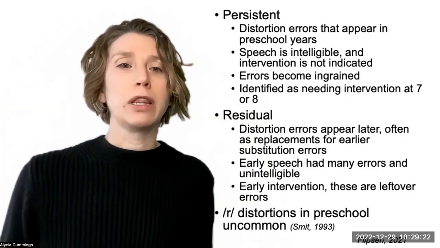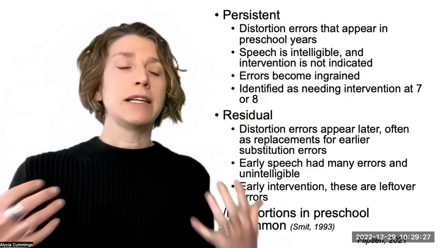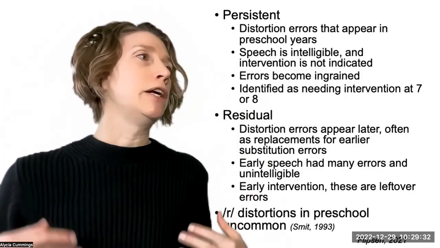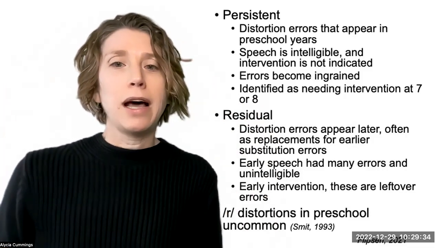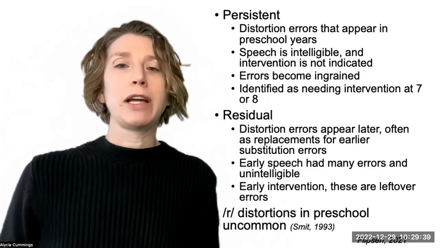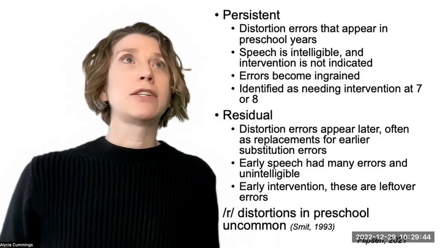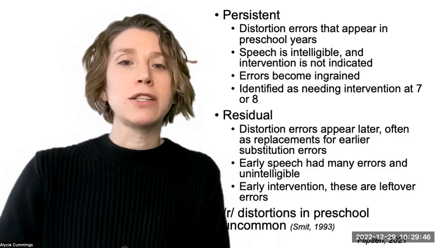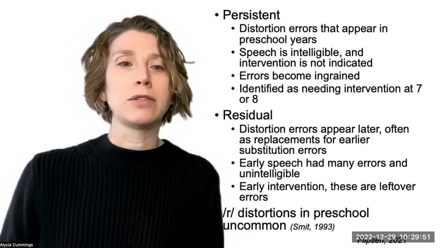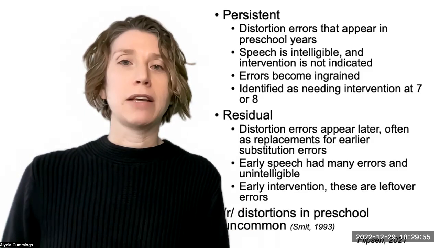Maybe they'll outgrow this incorrect R. And instead, what happens is these kids continue to have this distorted R and they come back to us in their later years, 2nd, 3rd, 4th grade, when they're still not producing that R correctly, and we label them as having these persistent errors. But by the time these kids are often eligible for intervention in the schools, they have had several years of practicing these distortion errors, which makes it sometimes really tricky to fix that because they've had so many years of bad practice.